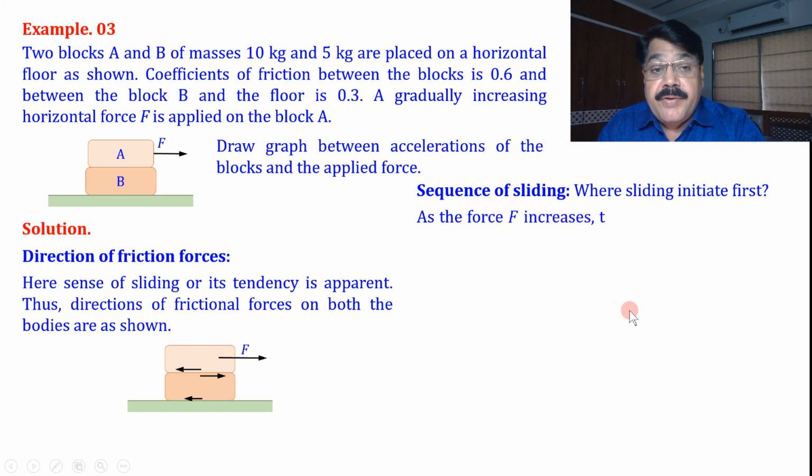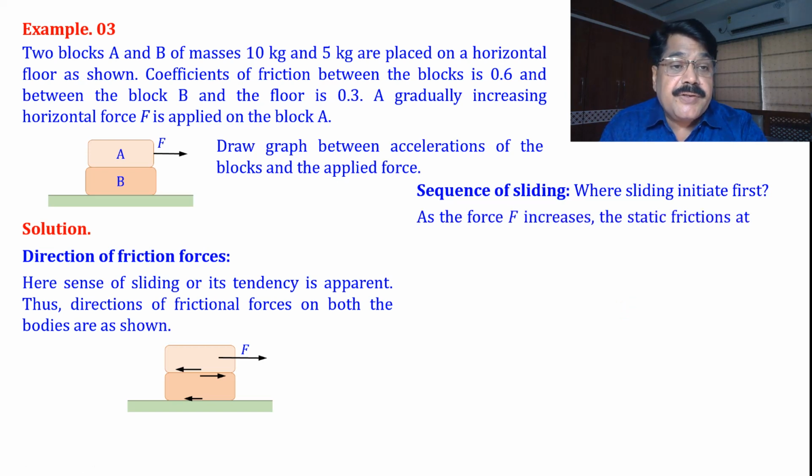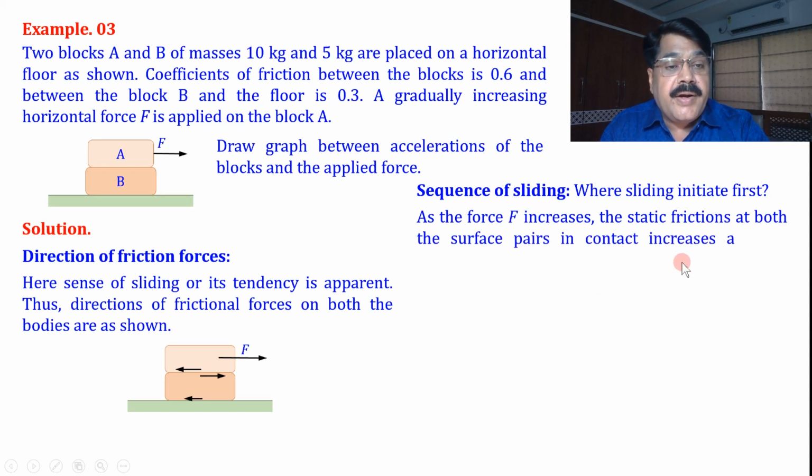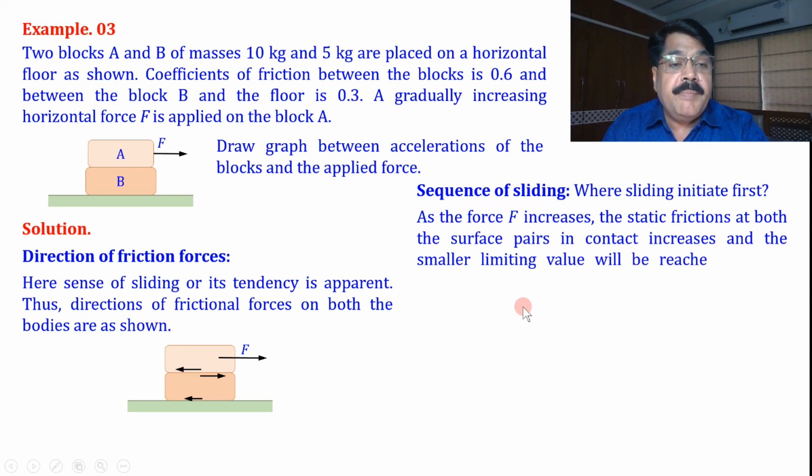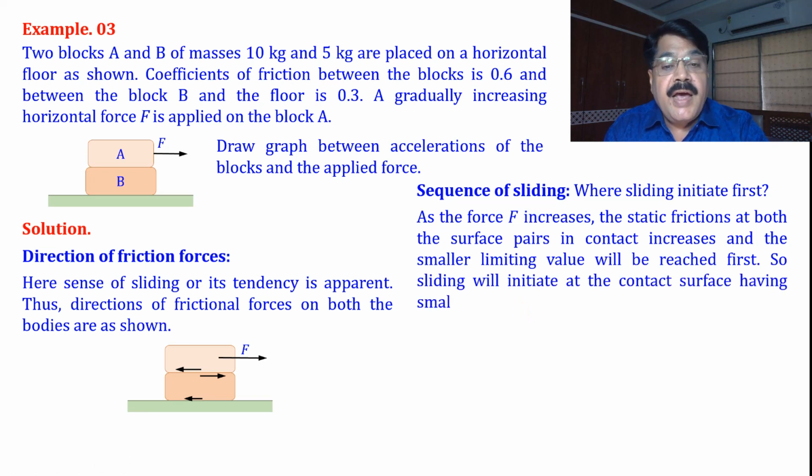As the force F increases, the static friction at both the surface pairs in contact increases, and the smaller limiting value will be reached first. So sliding will initiate at the contact surface having smaller limiting friction. That is somewhat simple.